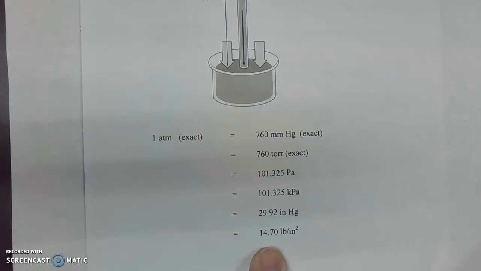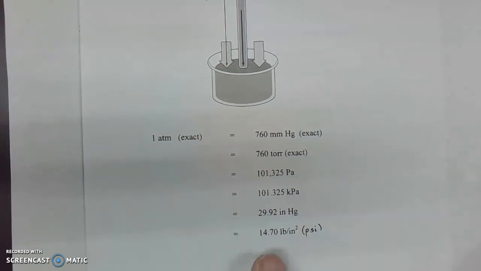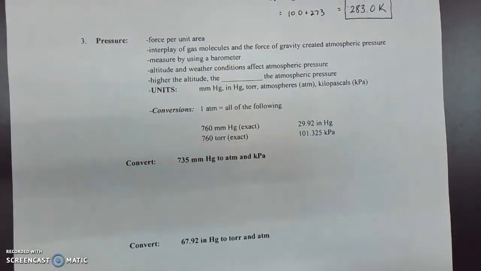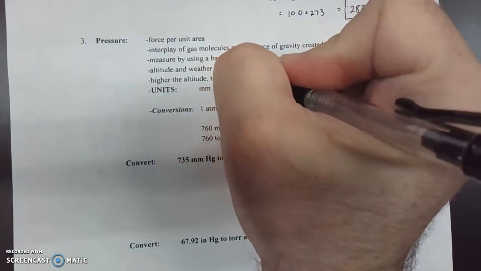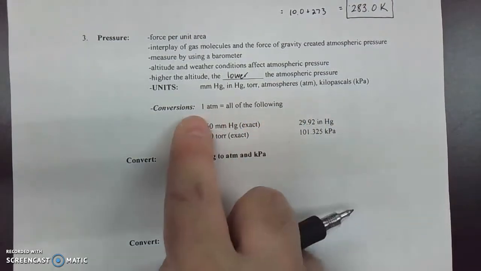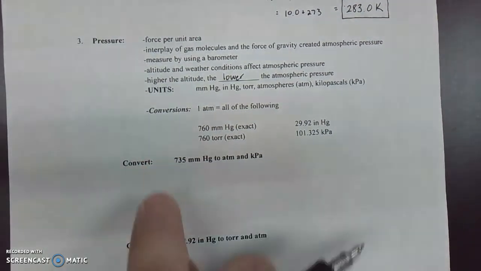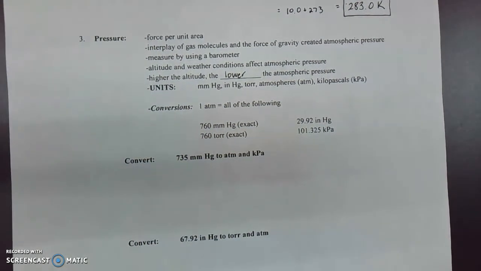And those of you that are maybe in automotive, pounds per square inch, also called PSI, 14.70 is atmospheric pressure at sea level. So going back, the higher the altitude, the lower the atmospheric pressure. So these are our most important conversions. They're on that sheet that you have to reference, and we are going to learn how to convert these measurements into one another.